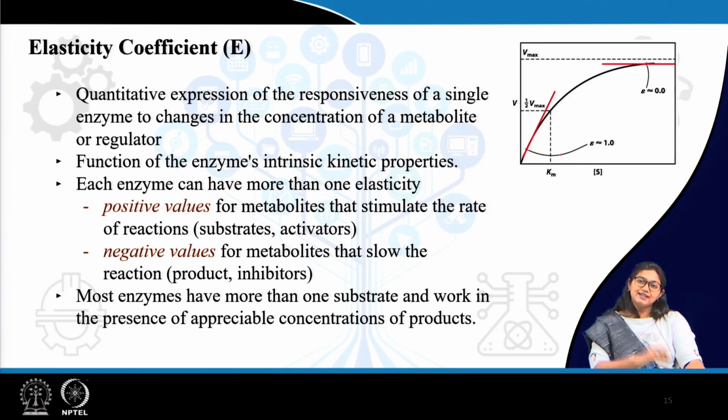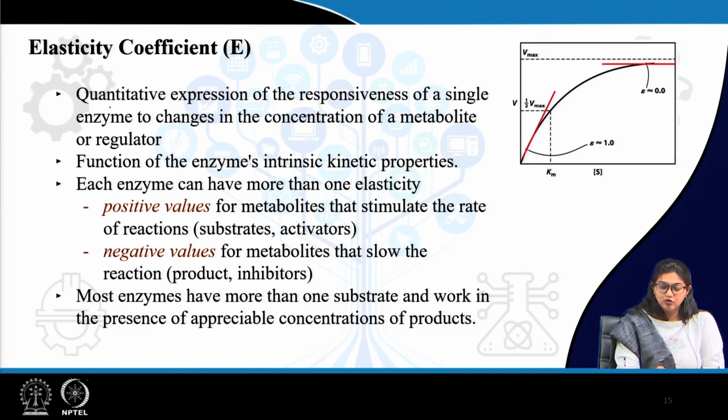But then if that is a system's property, what is the enzyme's property? The enzyme's property is basically quantitated and described by the elasticity coefficient. Now, what is the elasticity of the enzyme? Elasticity is basically the enzyme's intrinsic kinetic property, how it is actually controlling the flux based on the availability of the metabolite.